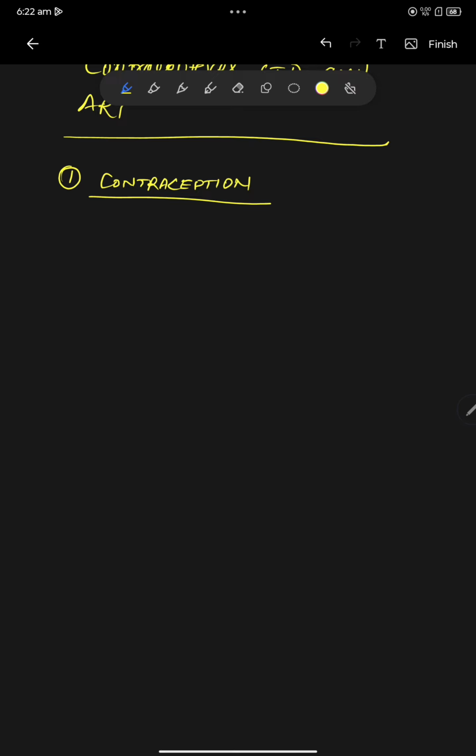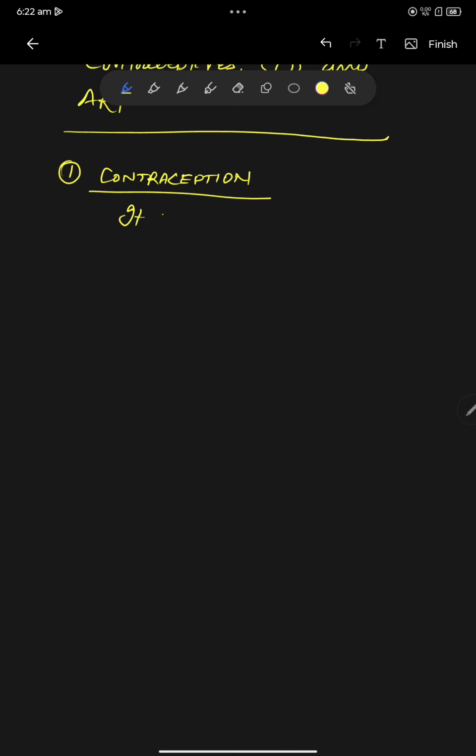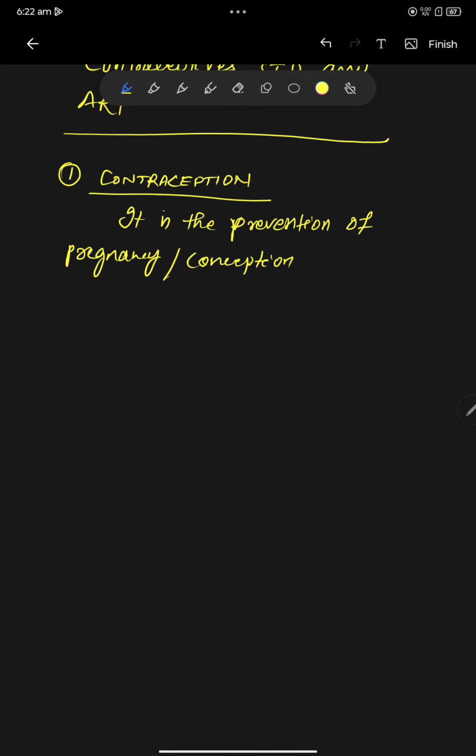Contraception is the prevention of pregnancy or conception by using various methods.